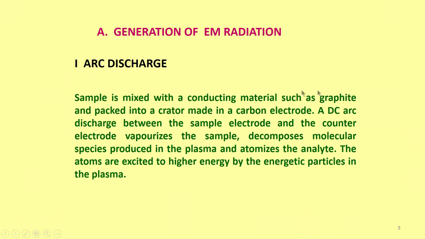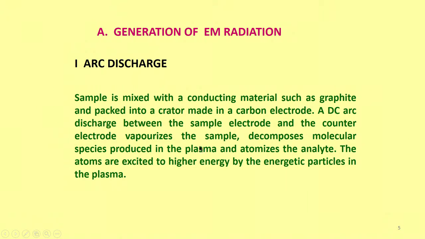Now, first of all, we have been discussing the generation of electromagnetic radiation. There are different types. One is arc discharge. Here we had suggested that you take two metal rods and try to bring them nearer and nearer, and pass the electric current.